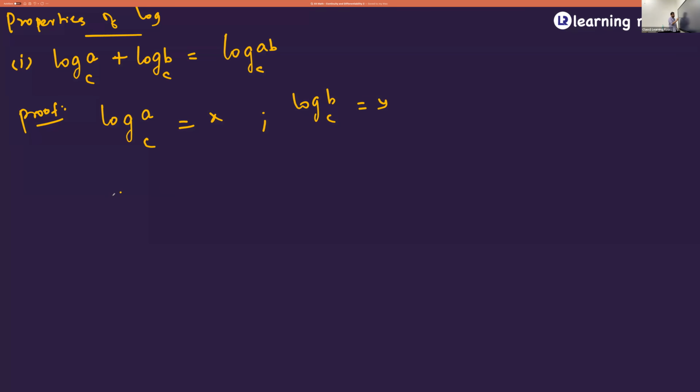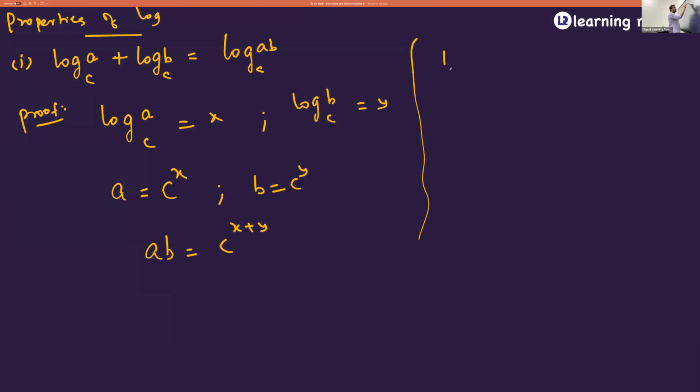So what is the value of a? C power x. What is the value of b? C power y. So what is a into b? C power x plus y. See, as of now, I'll tell you one property. Have that in your mind. Log of c power m base c.